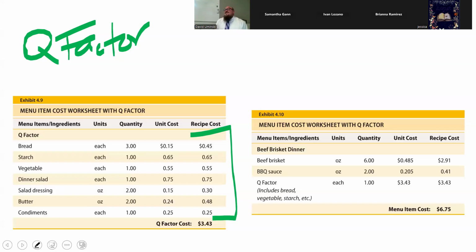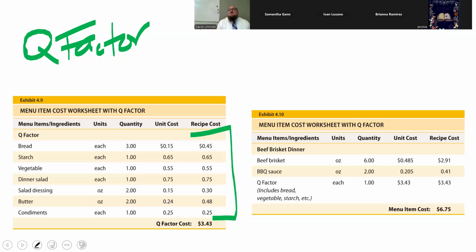In reality, they are charging you. So let's say that chips and salsa is $1 per person. You just add $1 to all your entrees. So when you order an entree, that extra dollar is covering the cost of the chips and salsa. So you're paying for it in some way. It's just not listed out as a menu item.